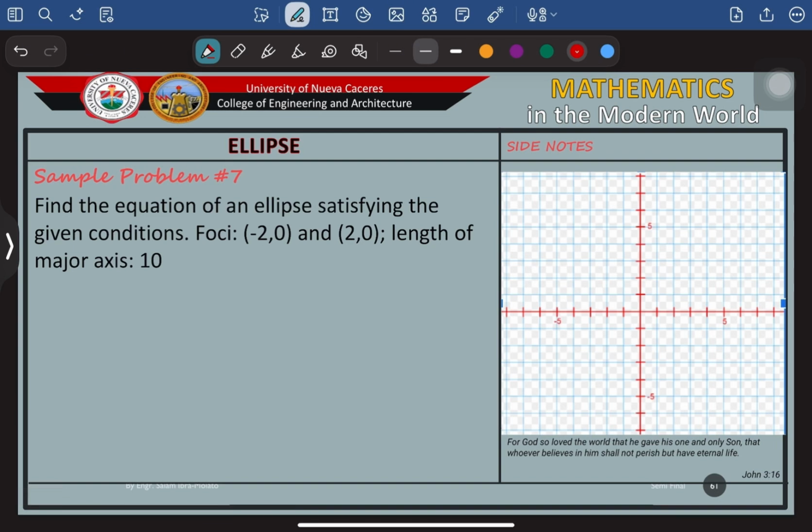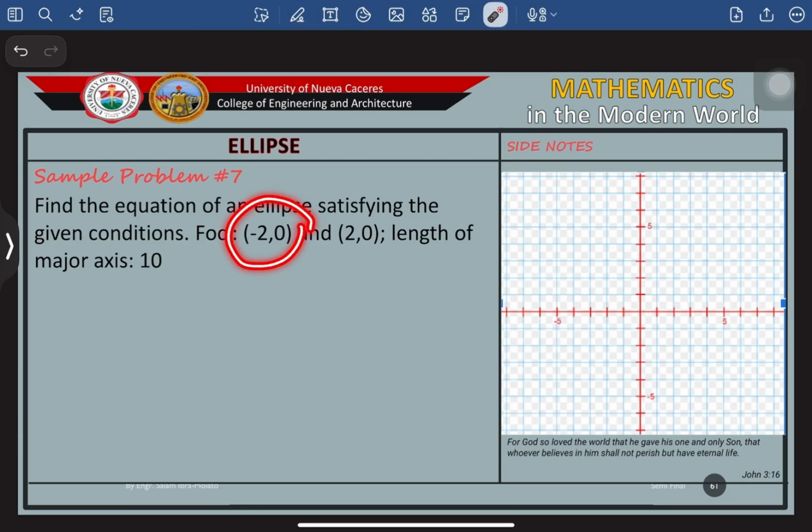Then last problem: find the equation of an ellipse satisfying the given conditions, foci (-2, 0) and (2, 0), length of major axis is 10. How can we solve this one? Based on the given, the center is at the origin.